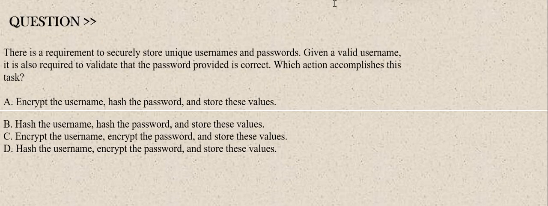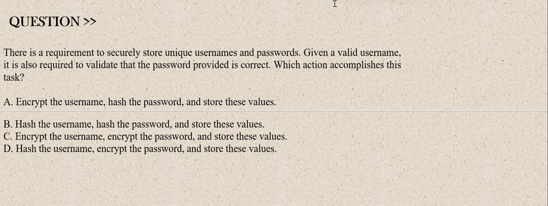Next question is, there is a requirement to securely store unique usernames and passwords, given a valid username. It is also required to validate the password provided is correct. Which action accomplishes this task? The options are option A, encrypt the username, hash the password and store these values.